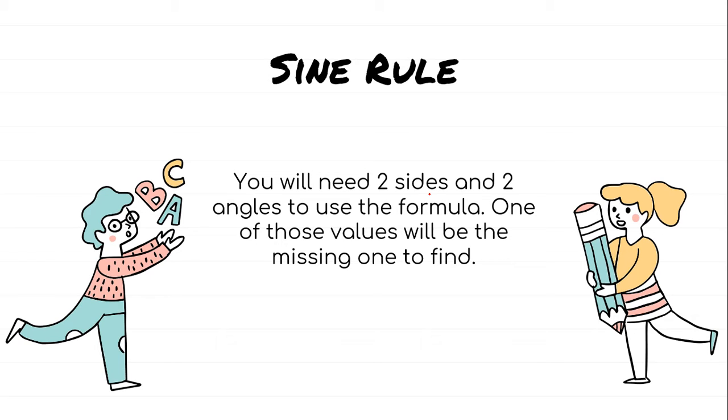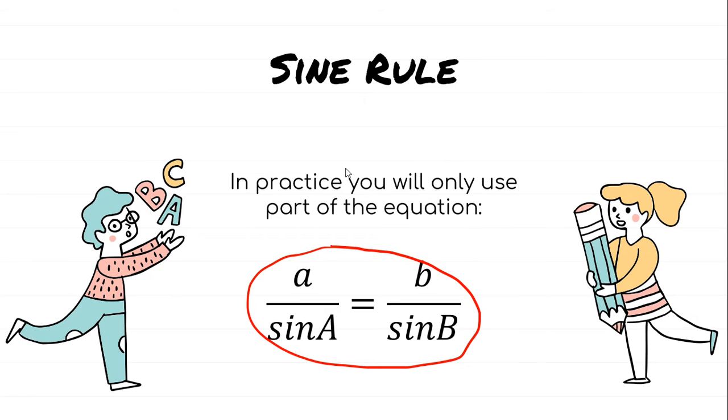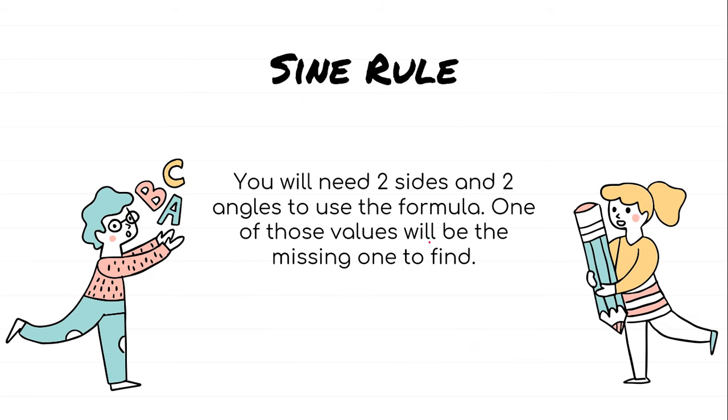To use this, you need two sides and two angles to use this formula. Again, it makes sense. There's two sides, two angles. Now, one of those values will be the missing value that you need to find. So you'll usually be looking for a side or you'll be looking for an angle.